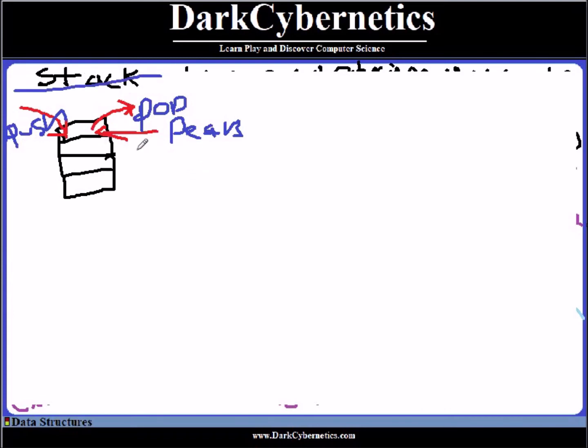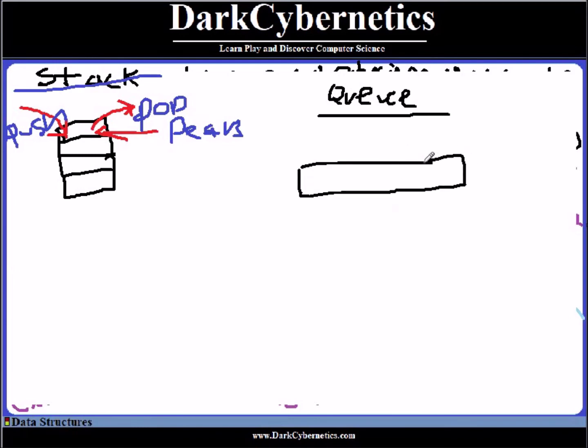Alright, we're going to line stack here. And let's talk about the other data structure, the queue. Let's draw an example of the queue data structure. We will think about it this way.